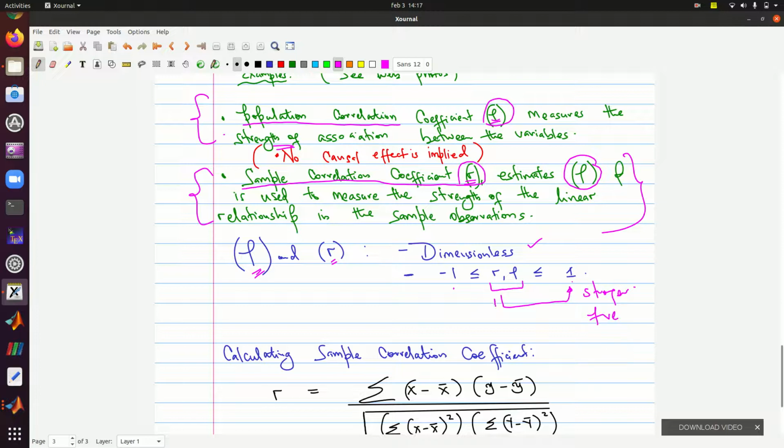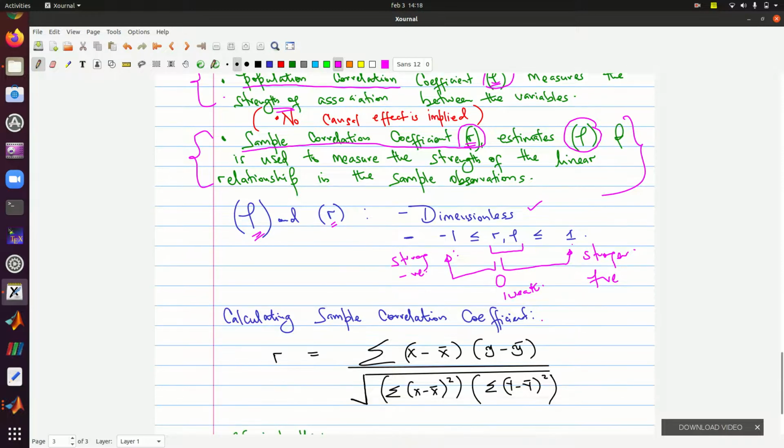The closer it is to negative 1, the stronger the negative relationship. The closer it is to 0, the weaker the relationship. Somewhere in the middle, we talk about moderate.